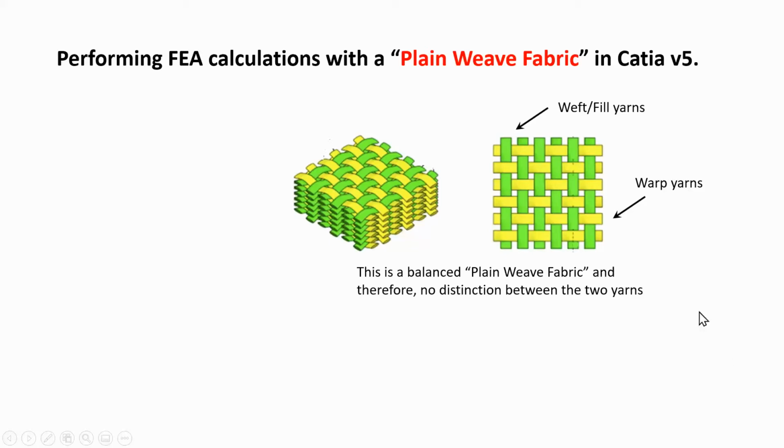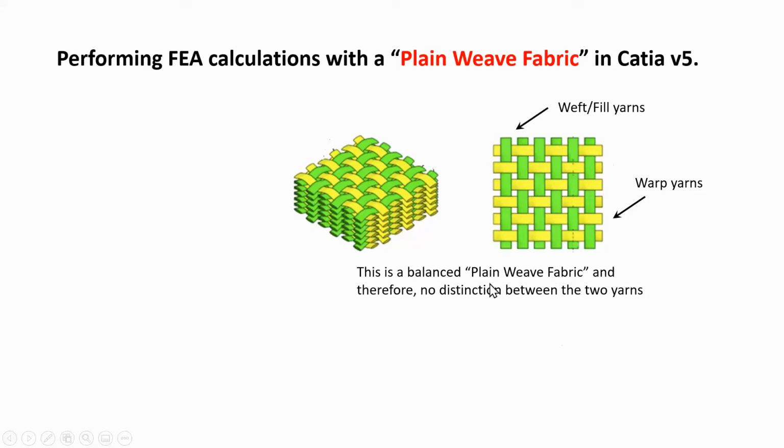Now, in the plain weave fabric, the warp and weft directions have no preference. Hypothetically, if we had different strands in the weft direction, a different material or a different width of these green bundles as opposed to the yellow ones, then of course there would be a preferential direction.